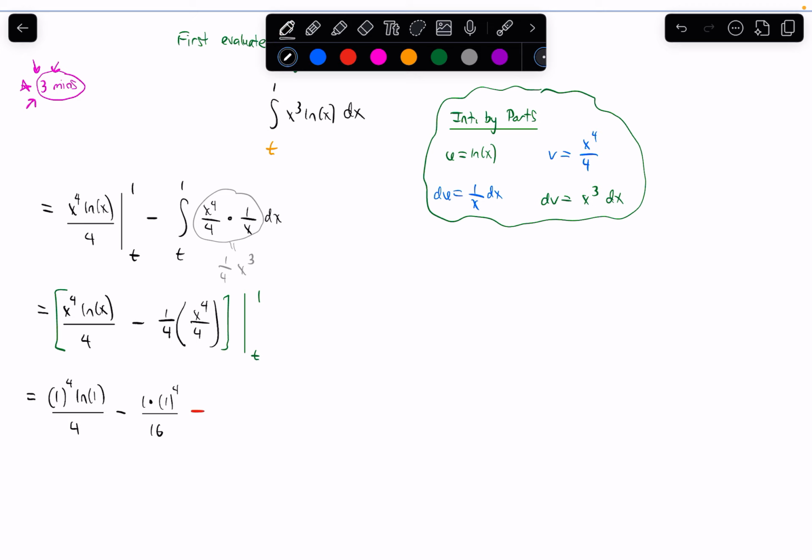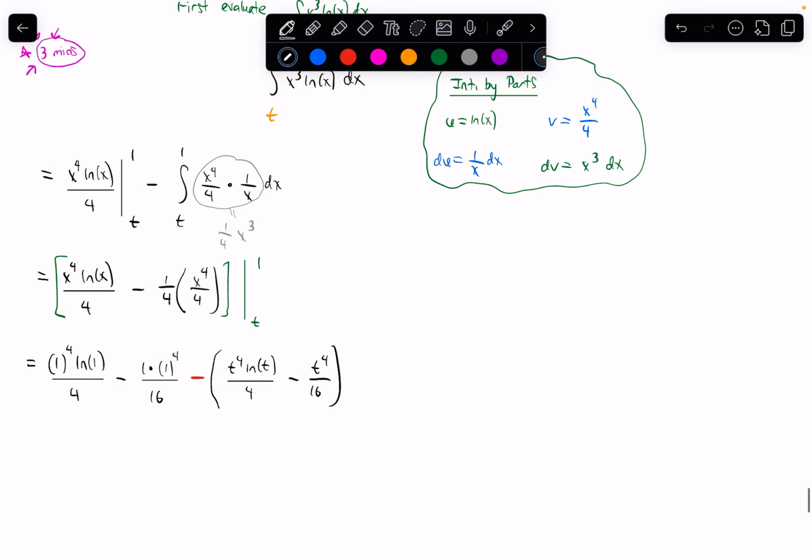Nice. And then I got to subtract what I get when I plug t in. So put a parentheses, because I'll have to distribute the negative sign in. So if I plug in t, I get t to the 4th ln of t all over 4. And then minus, with the next term, I get t to the 4th over 16.